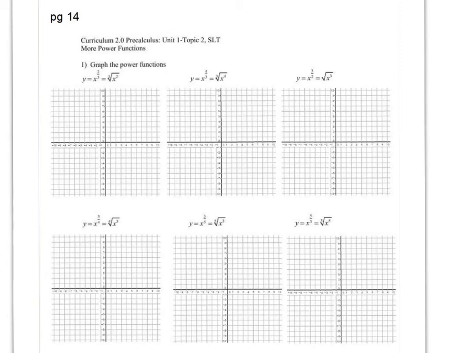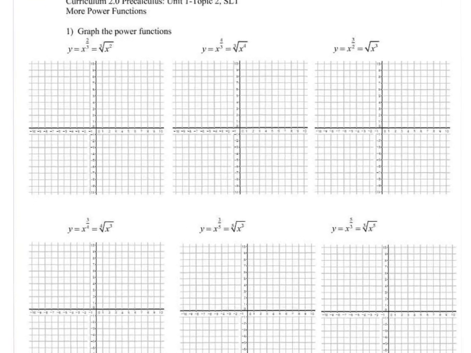So for number 1, I see that we have some nice coordinates at, let me make this bigger. That's better. We have some nice coordinates at 0, 0, 1, 1.